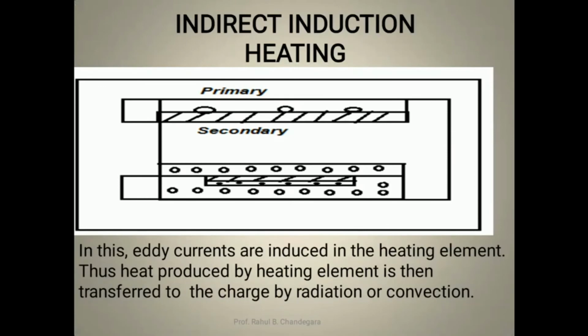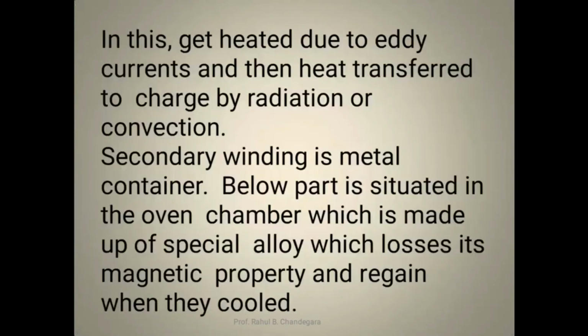So this covers the direct induction heating and indirect induction heating methods. In this, the element gets heated due to eddy current and then heat is transferred to the charge by radiation or convection. In the direct induction heating method, the charge is directly heated, but in this indirect method, the charge is heated by radiation or convection.